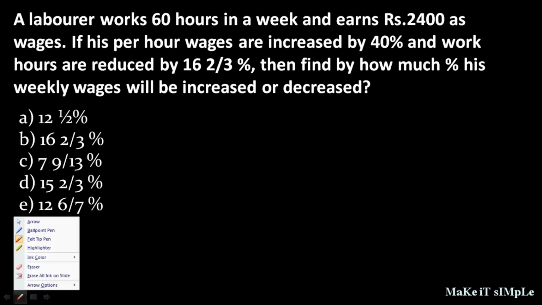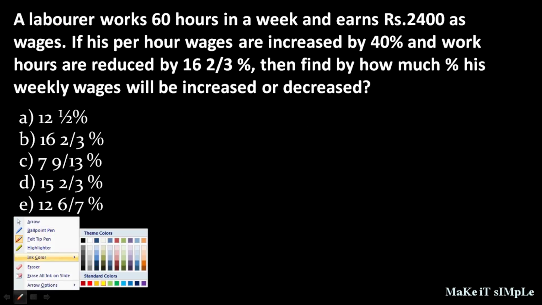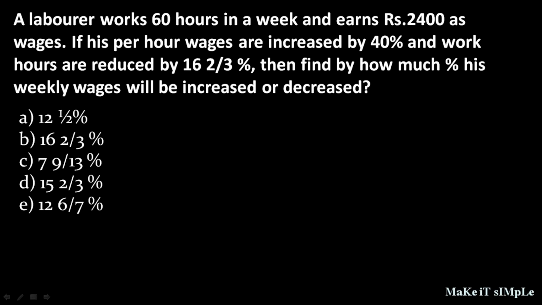Now we will proceed with the problem. What they have given is time, then wages. We are dealing with time and wages. Time, that is 16 2/3%, is nothing but 1/6.